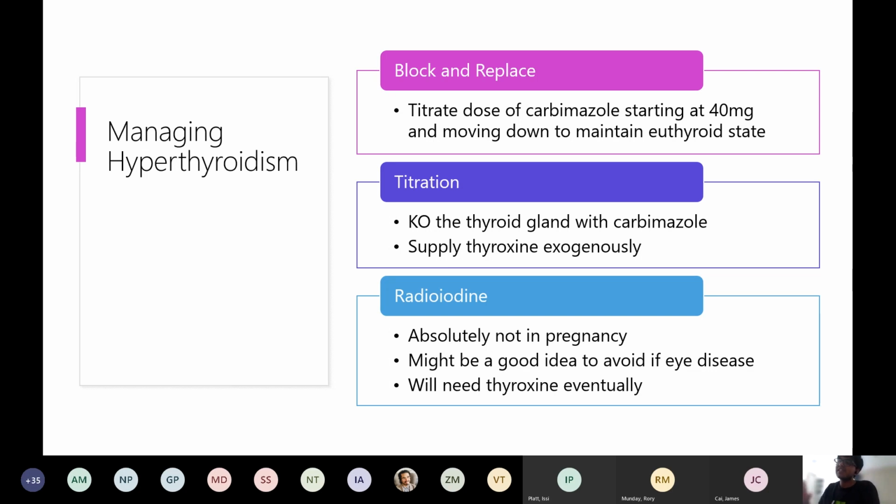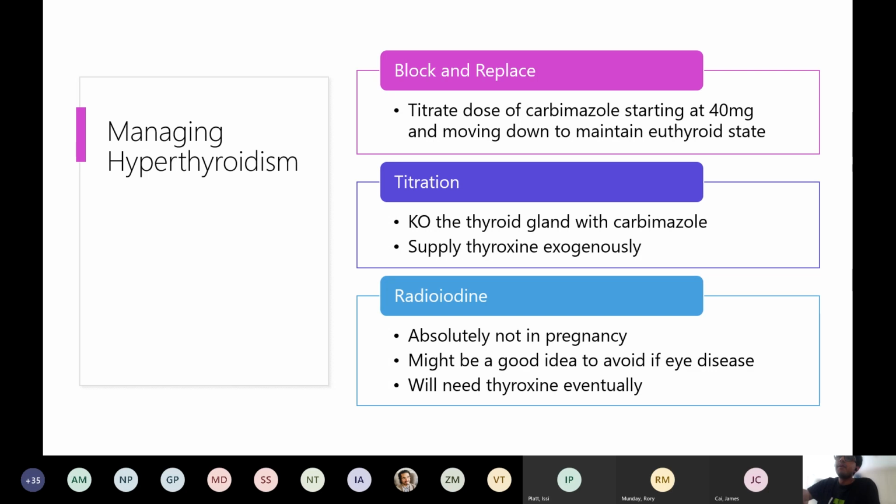So Graves can actually fluctuate between hyperthyroid, euthyroid, and hypothyroid. So the titration model is not actually that effective for these patients, and often they will just go for block and replace. Just an interesting thing. I'm not sure they'll ask you about that in exams, but in real life, that's what sometimes happens.